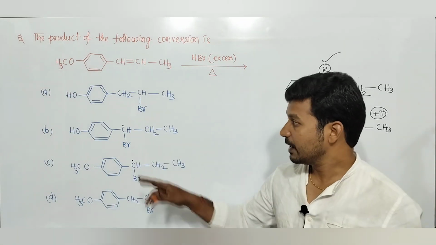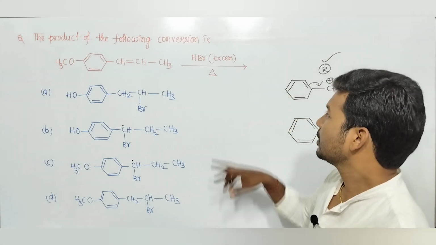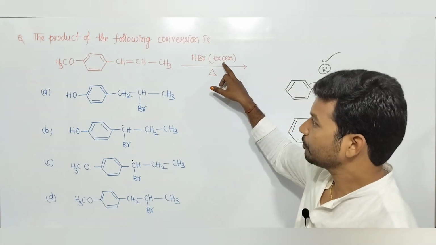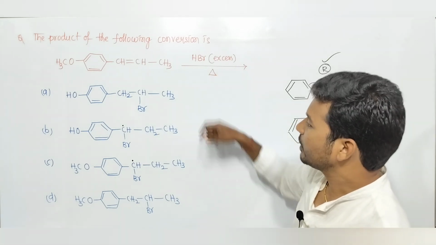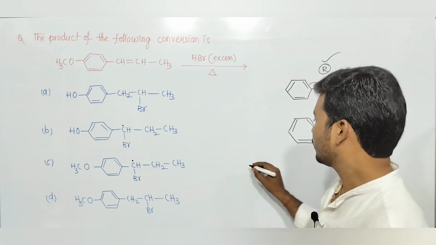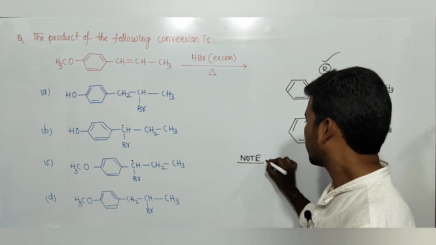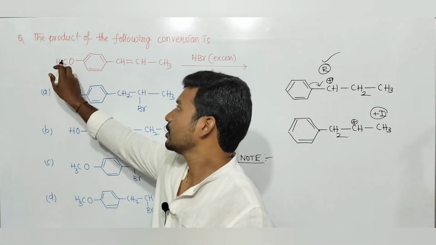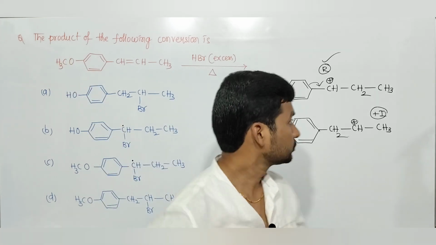Now between these two, B and C, which one is correct? Whenever you see the word excess, you have to think something is different. Here it is different, what is it? Note, in excess of HBr, this becomes OH, Br added here, H added here.